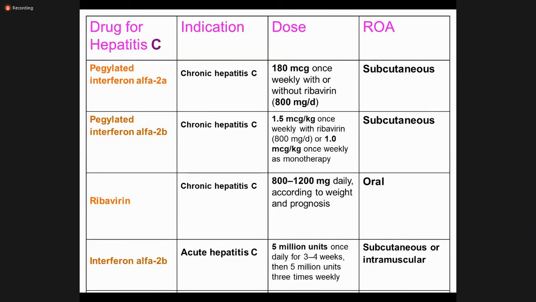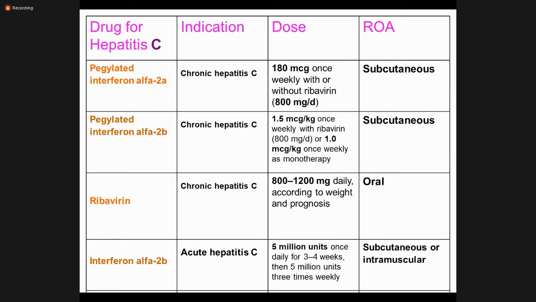Okay. Now the drugs for hepatitis C infection: pegylated interferon alpha 2A. Again, in the treatment of chronic hepatitis, there is only one exception where we can treat the acute phase of infection.